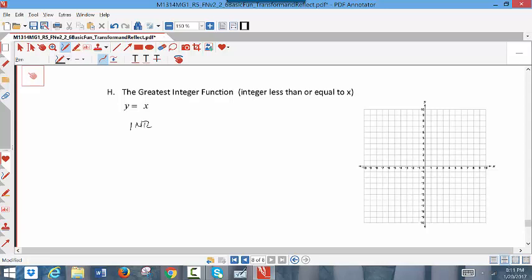An integer, those are numbers which we normally put on a number line.